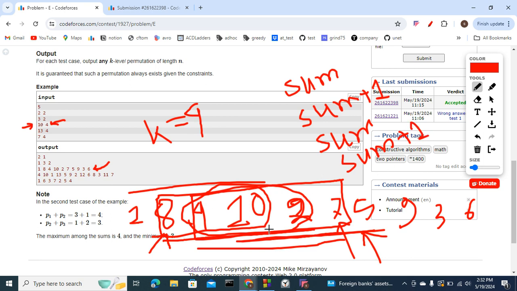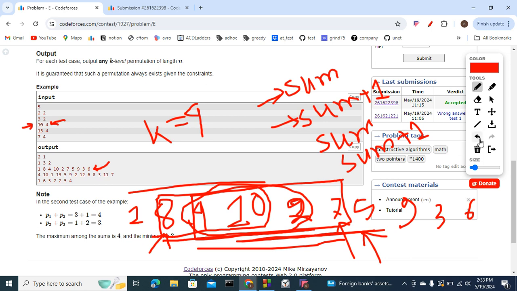So we can see that this way the sum is always sum or sum plus 1. So if we randomly take any two segments of size k, the difference of their sums will not exceed 1.